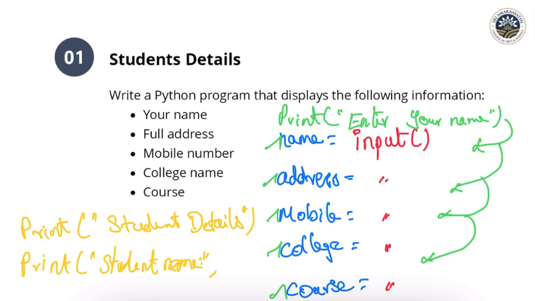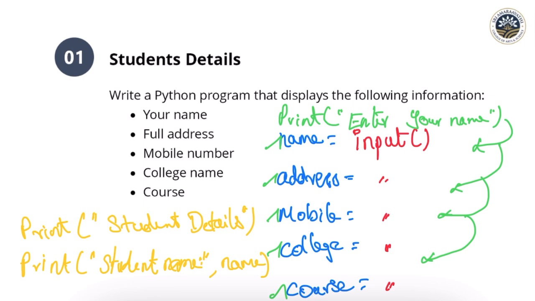You just have a comma and use the variable. So it will print student details in the first line, and in the second line it will print student name. And if you use a comma, it will give a space and print the next variable name.